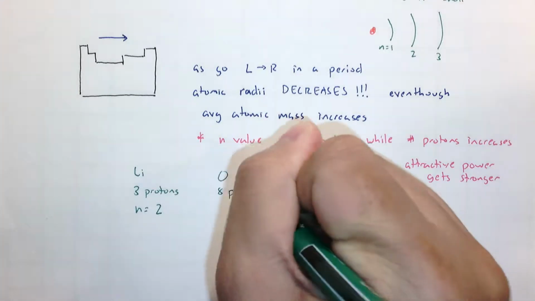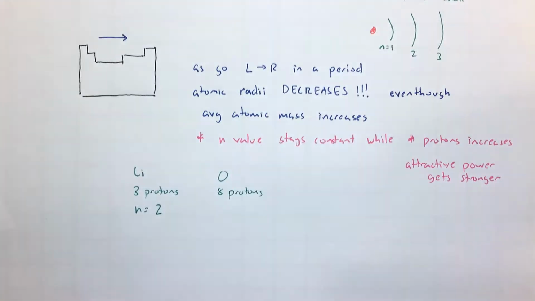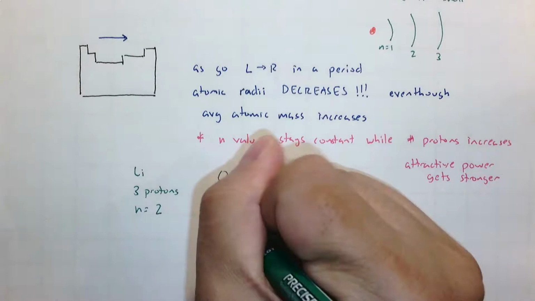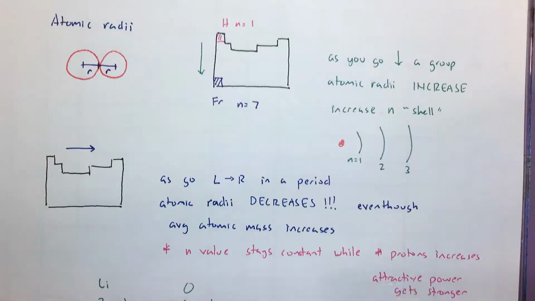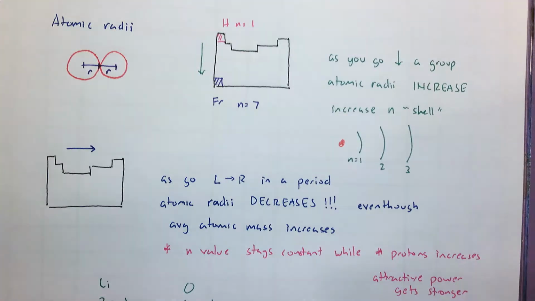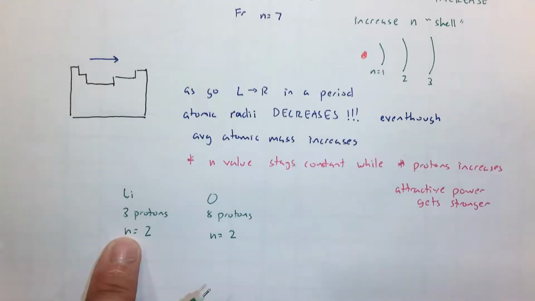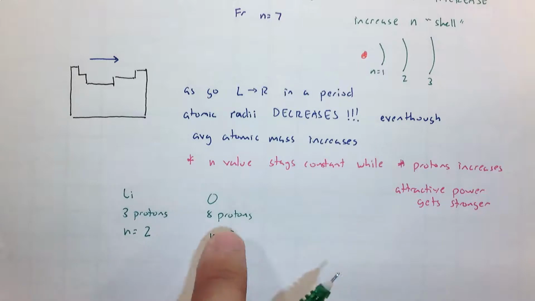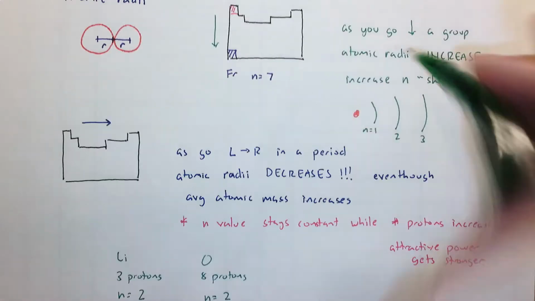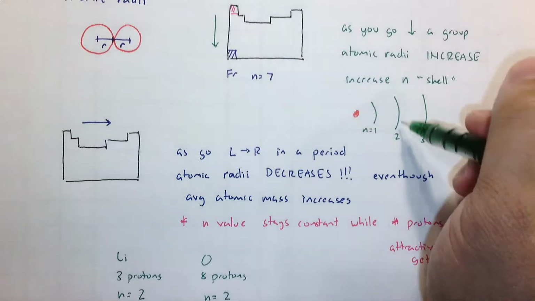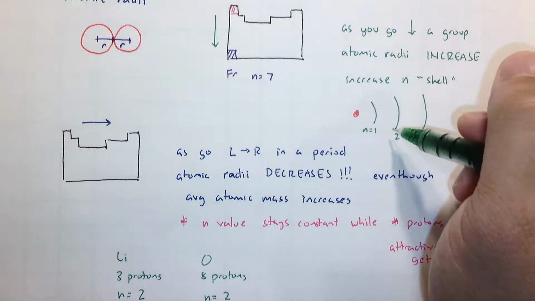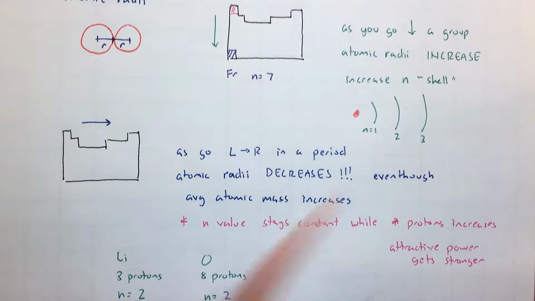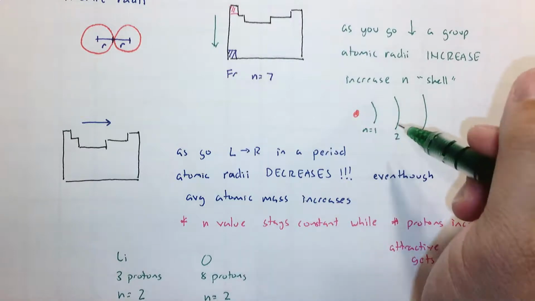It has a better pulling power, but the shell doesn't increase. So in general, those electrons, whether they're the valence electrons of lithium or the valence electrons of oxygen, occur approximately in this space here, n equals 2. But since we have more protons for oxygen, it's getting pulled in a little bit closer.